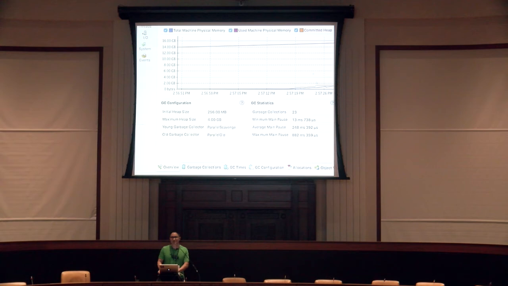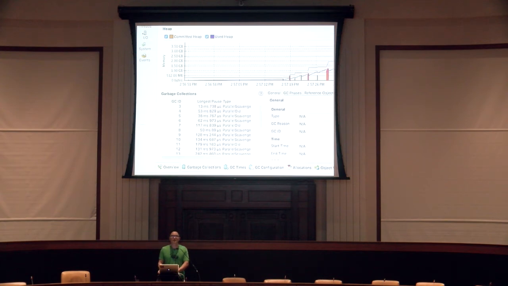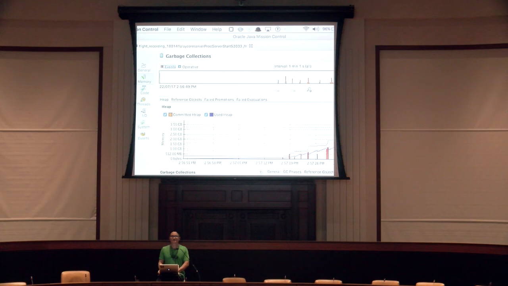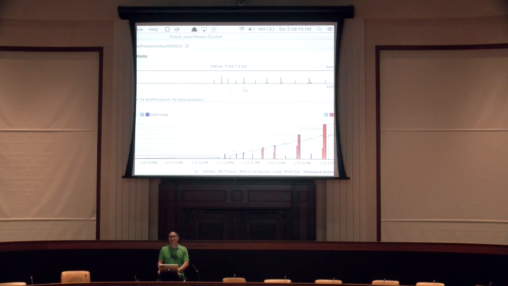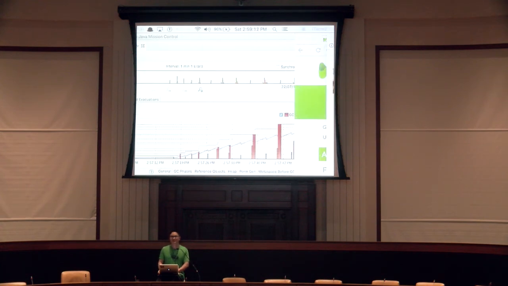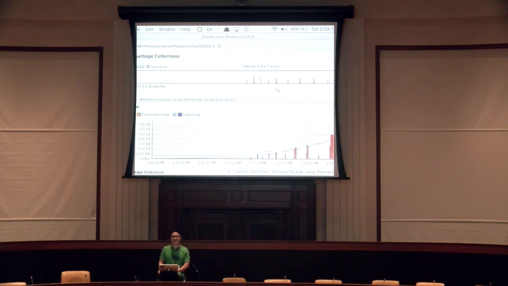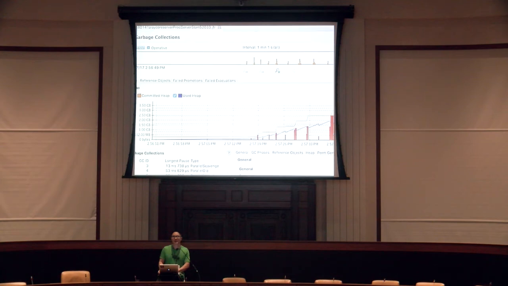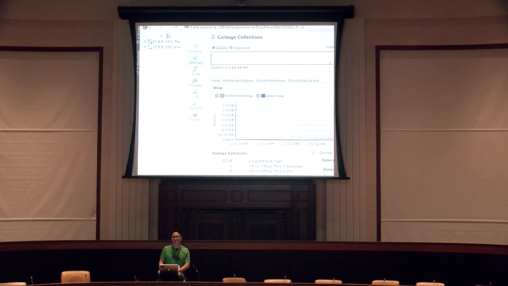Pretty cool because you can sort of see what's going on. It combines a lot of the information that you can get from other tools. You can see the size of the heap increasing over time. And if I can slow it down, scroll down here.